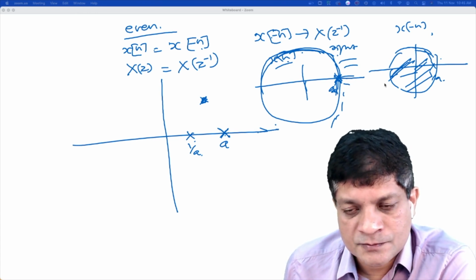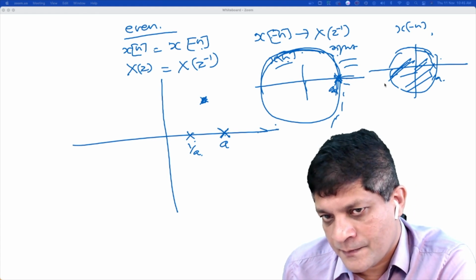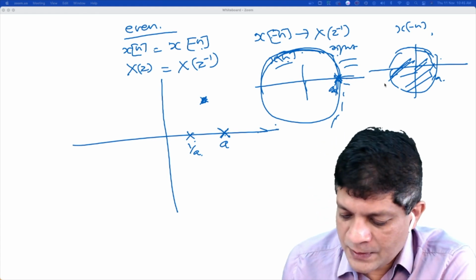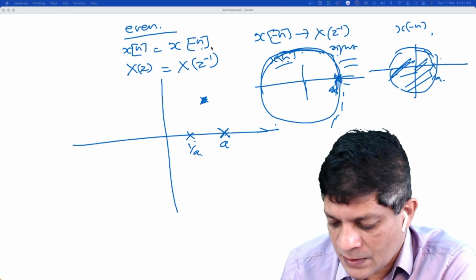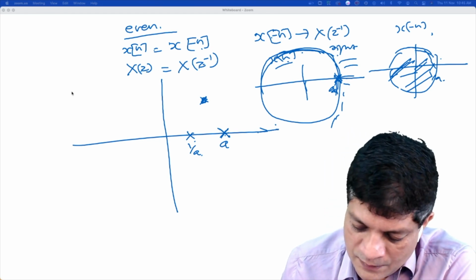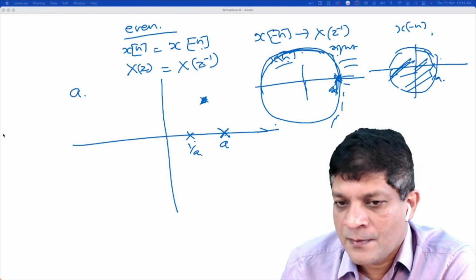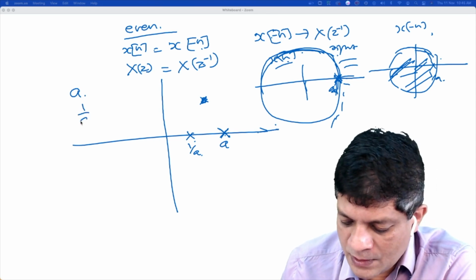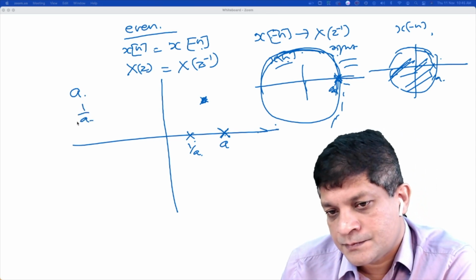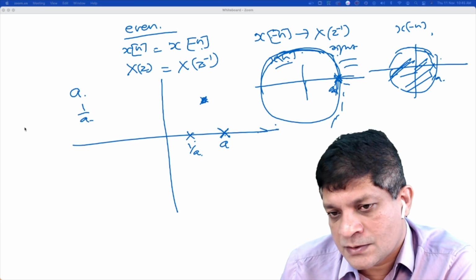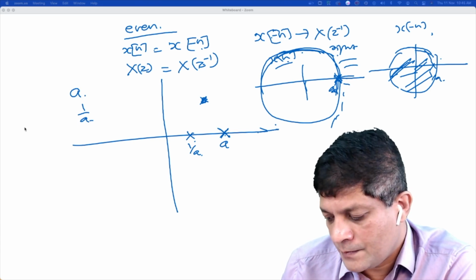Inside. So the shape of the ROC changes. Okay. So we can say that if it is an even signal, and if we know that there is a pole at A, then there must be another pole at 1 by A. Then only the signal is even. Okay.